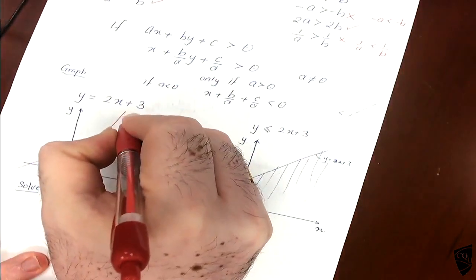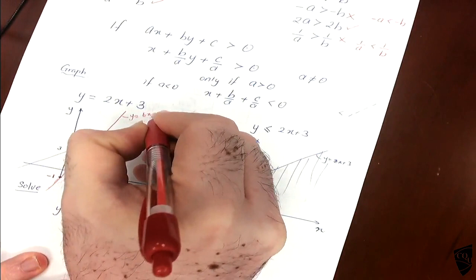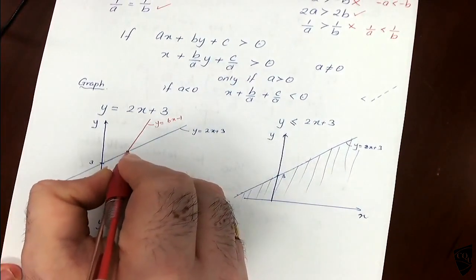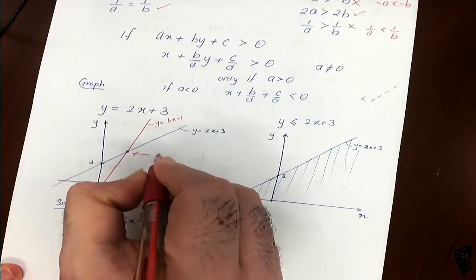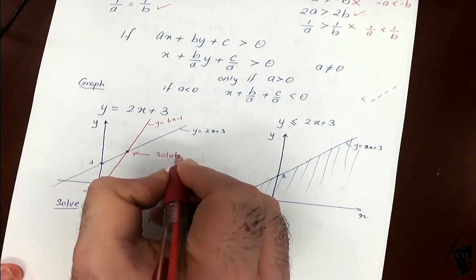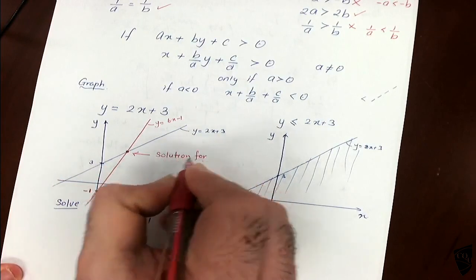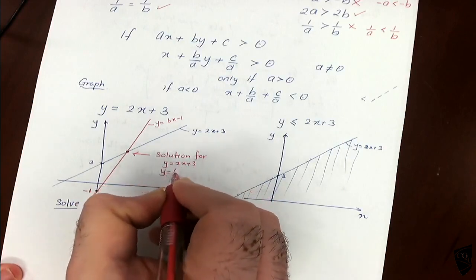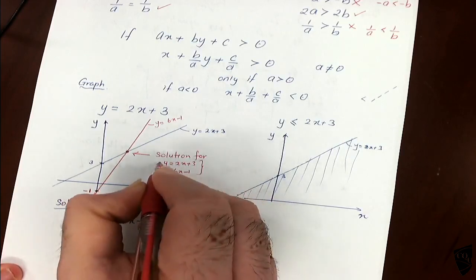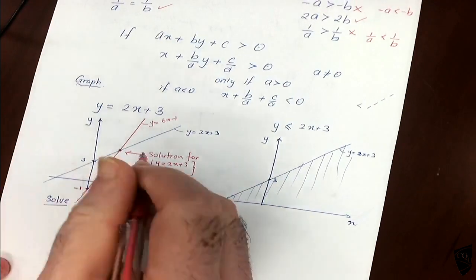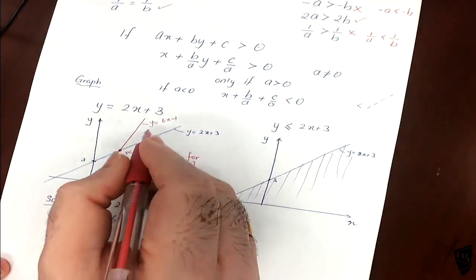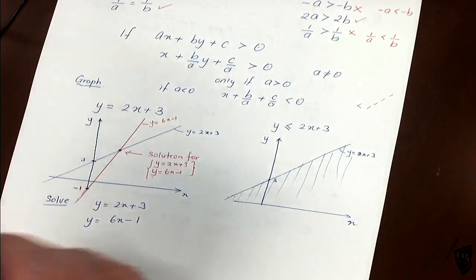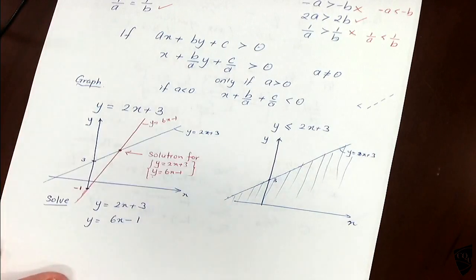So you'll have y is equal to 6x minus 1. The solution is this point, because it satisfies this equation as well as this equation.